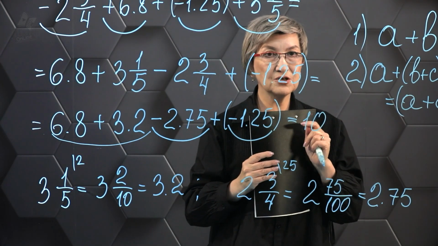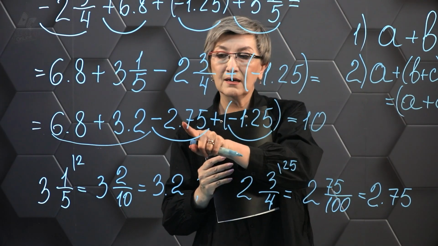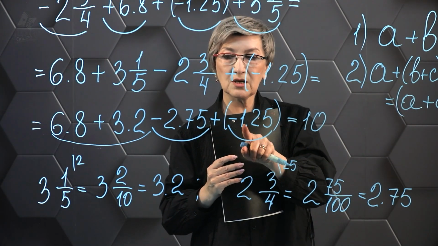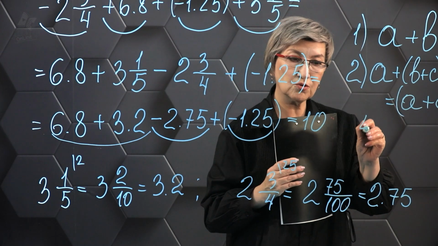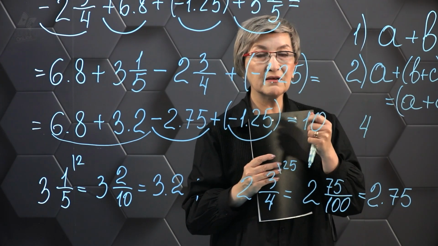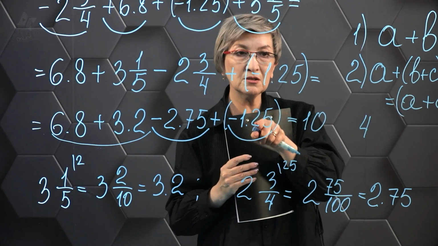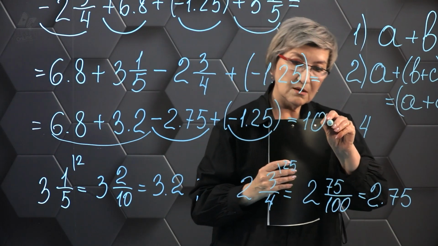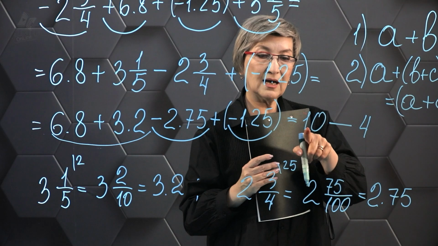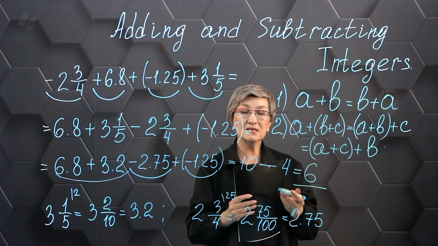When I add two negative numbers, I add the moduli of those numbers. 2 75 plus 1 25 is the number 4, and I need to put a sign in front of the number 4. Minus 2 75/100ths plus minus 1 25/100ths. That's the number minus 4. And then 10 minus 4 equals 6. And 6 is the answer to our example.